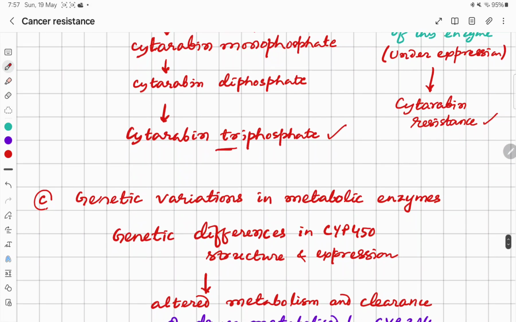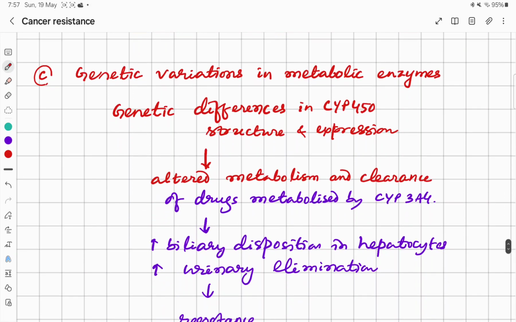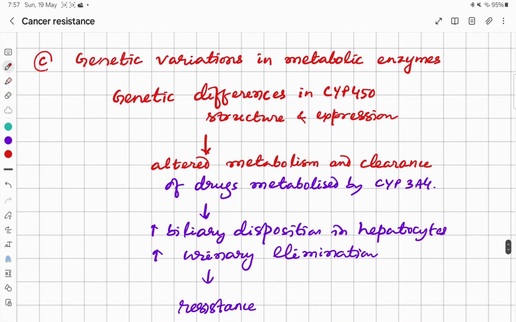The third mechanism under altering metabolism can be genetic variations in metabolic enzymes. There can be genetic variations in drug transporters, which affect the penetration of drugs, and there can also be genetic variations in metabolic enzymes.